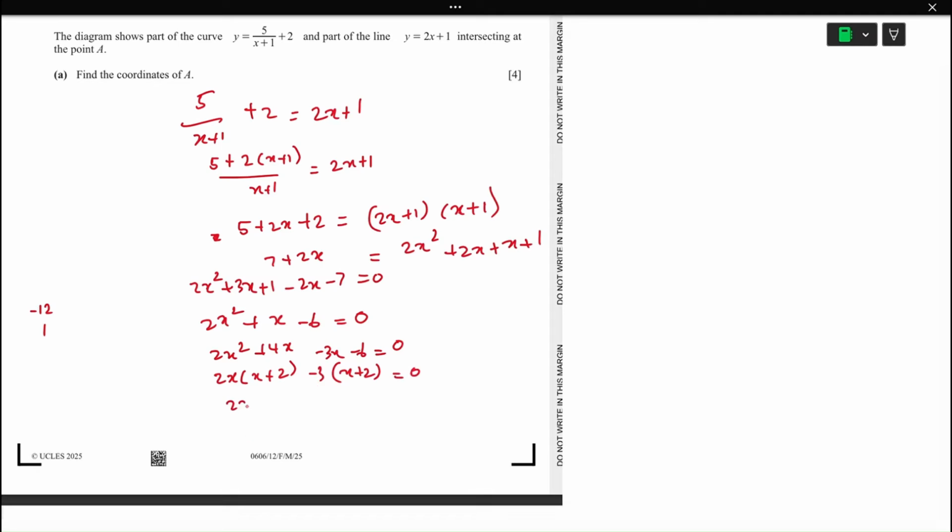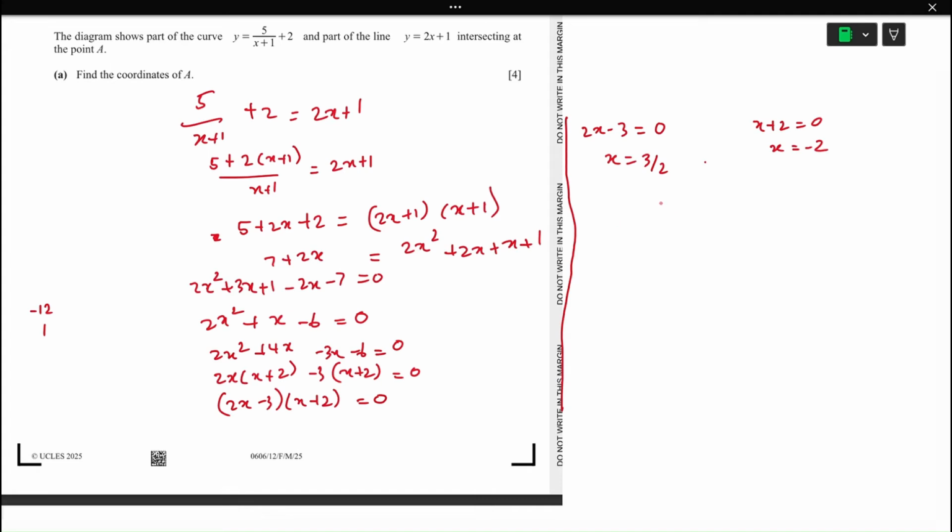So 2x minus 3 and x plus 2 equal to 0, which is 2x minus 3 equal to 0. So here x equal to 3 by 2, and we'll get x plus 2 equal to 0, so we'll get x equal to -2.